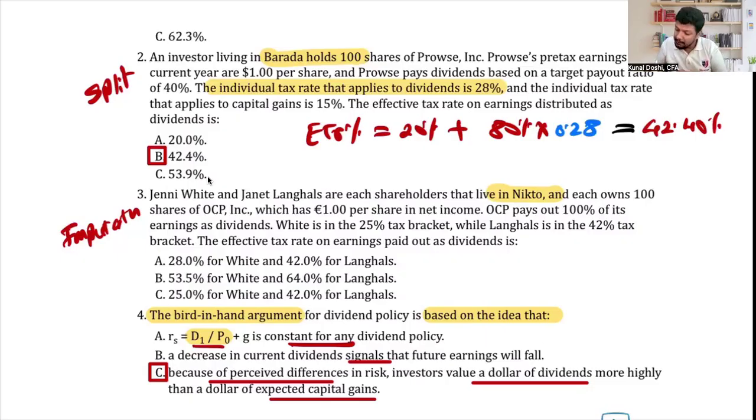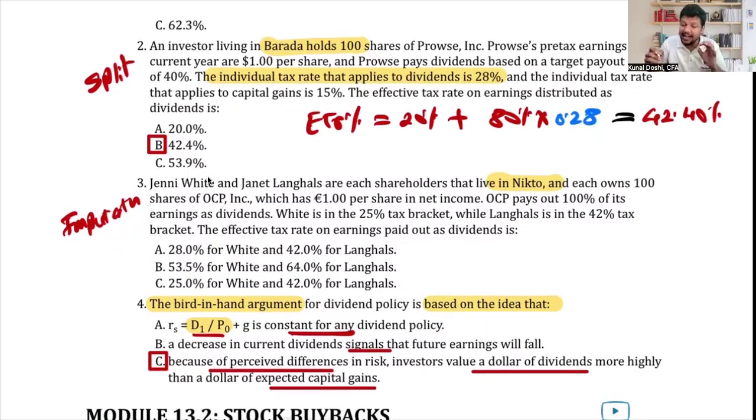And then the imputation tax system, in this I don't even need to calculate. They have asked about these two people, White and Langels. White is in the 25% tax bracket, Langels is in the 42% tax bracket. So whatever my individual tax rate is, that will be my effective tax rate, right? They have asked what the effective tax rate will be.